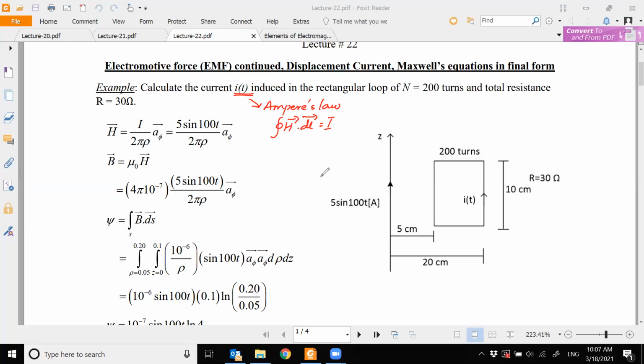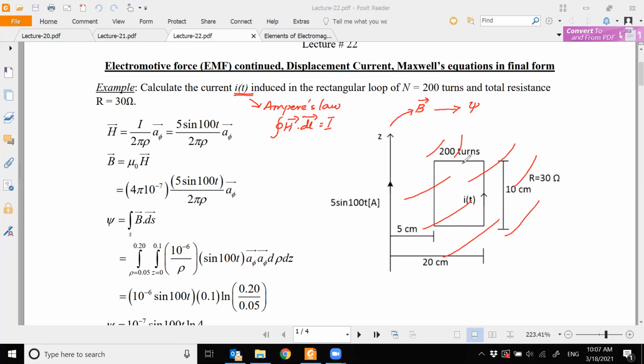So when you practice problems, you will see the best approach here is, this is your current. From this current, you can find the B, and that B will be external to this loop. This will be your B. And then from this B, can you find psi, which is the flux through this loop?